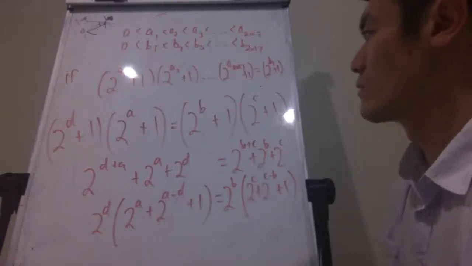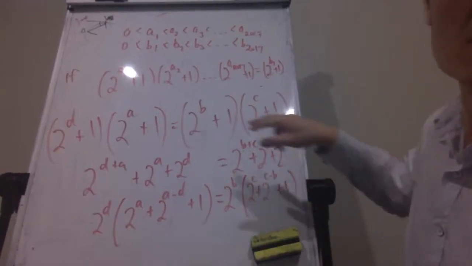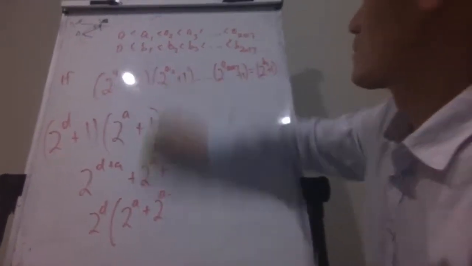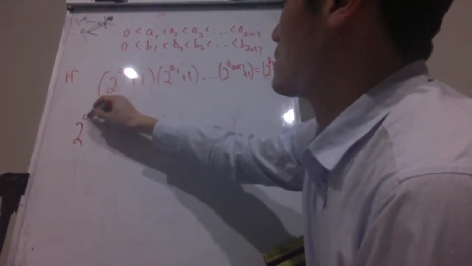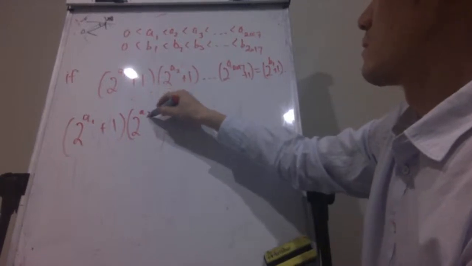So basically, what happens if you have 3 of them? Do you understand how that works? So then they have to be equal, yeah? What happens if you have 3 of them? So A1 plus 1. Okay, it's getting a bit harder.